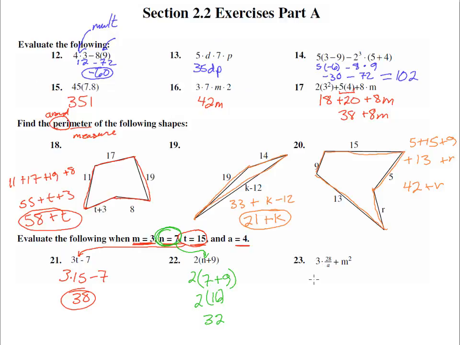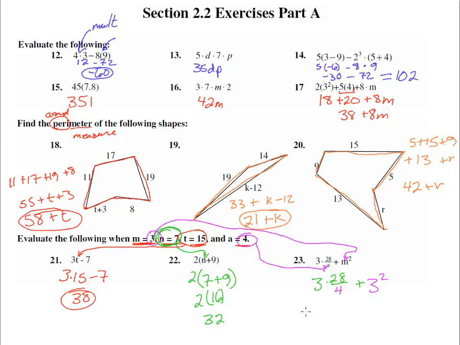Number 23. 3 times 28 divided by a plus m to the second power. Now here, let's find the numbers that we have. A is 4, so we're going to stick 4 in where a is. So let's put a 4 under there. And we're going to take 3 and stick it in right there.